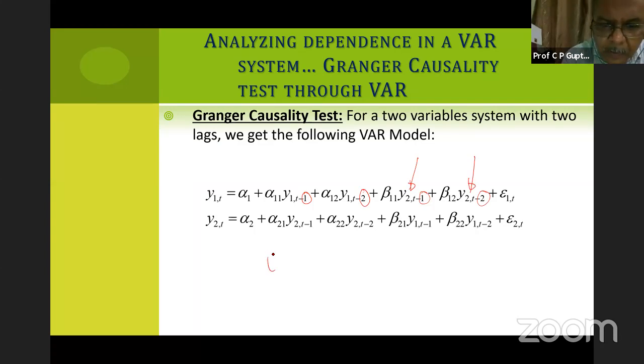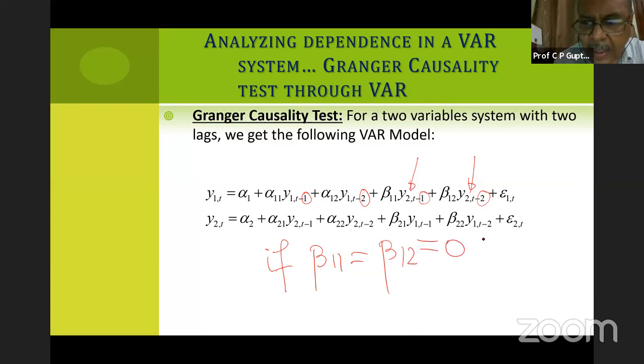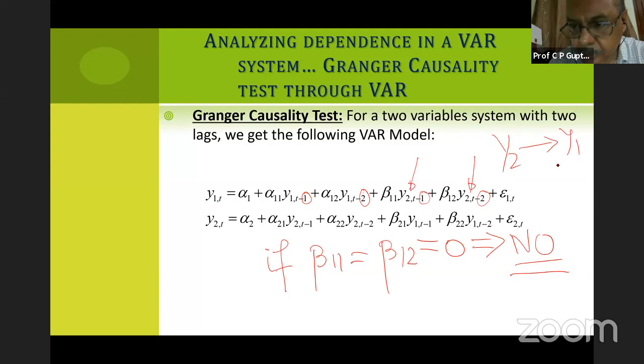If beta 1 1 is equal to beta 1 2 is equal to 0, and it is true, then there is no Granger causality from y2 to y1. I think you understand it.